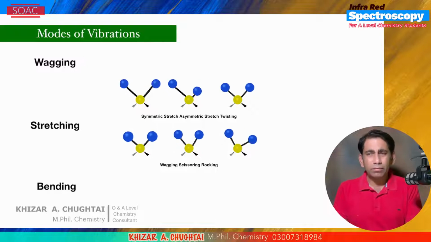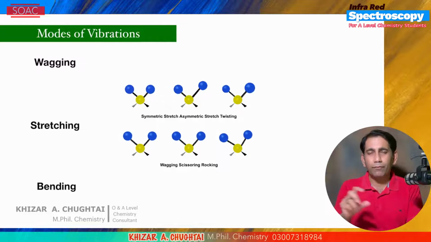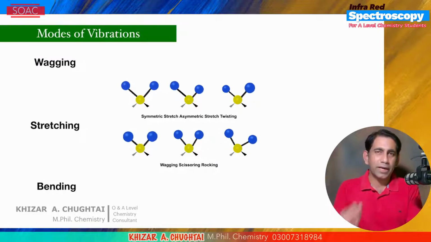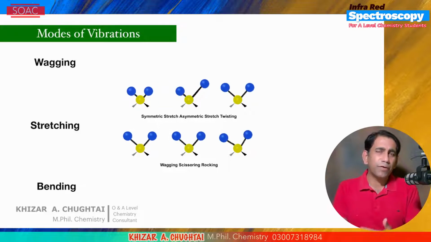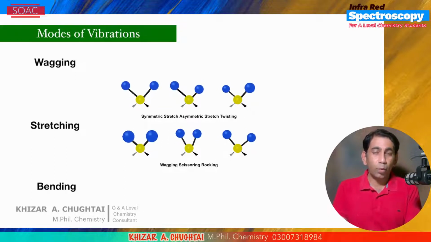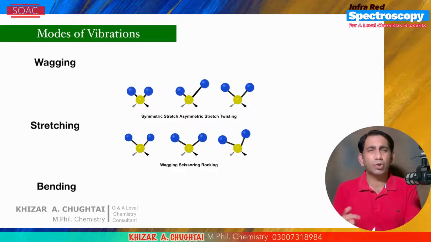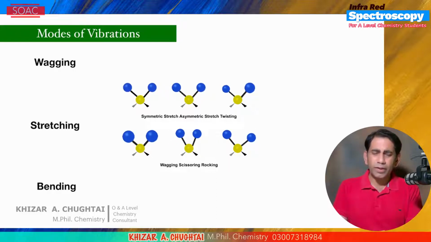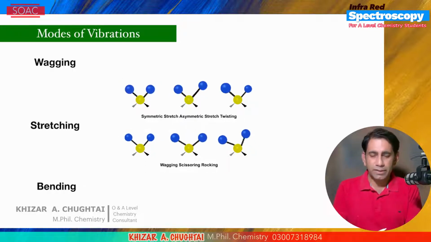Inside every molecule, different bonds are vibrating around the central atom, and there are different modes of vibration: wagging, stretching, bending, scissoring, and so on. We are not concerned with the modes of vibration in this syllabus, as far as the Cambridge AS chemistry syllabus is concerned.